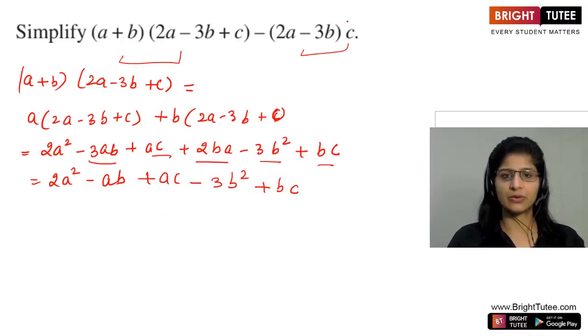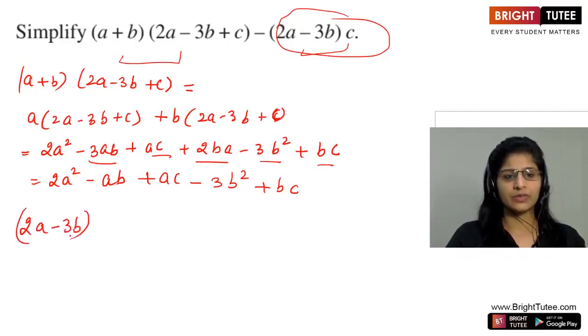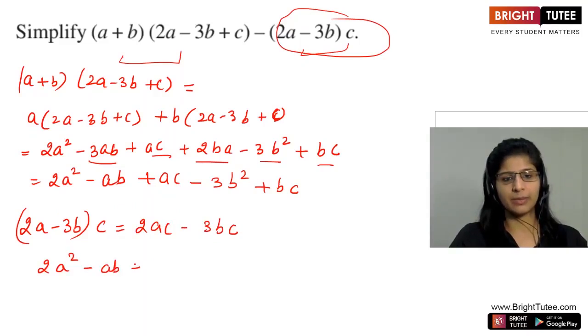Now from this we have to subtract this. What will be the answer for this? Just see. So we have to multiply 2a minus 3b with c. So c, multiply the c inside: 2ac minus 3bc. Clear? Now let us subtract both of them. We have 2a square minus ab plus ac minus 3b square plus bc.